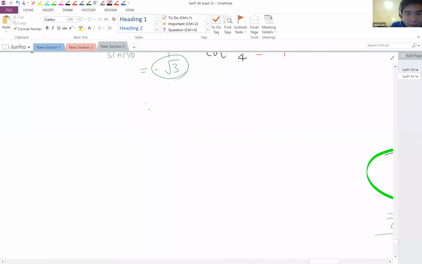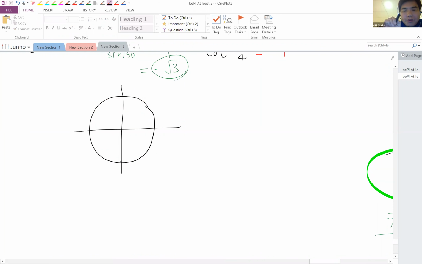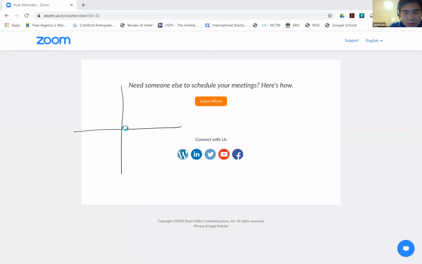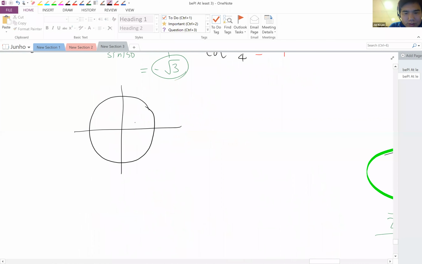So now, any unit circle is given. So far you figured out that I count the angle from this direction here, like pi over 6, pi over 3, pi over 2, 2 pi over 3, 5 pi over 6, pi, 7 pi over 6, 4 pi over 3, 3 pi over 2, 5 pi over 3, 11 pi over 6, and 2 pi.